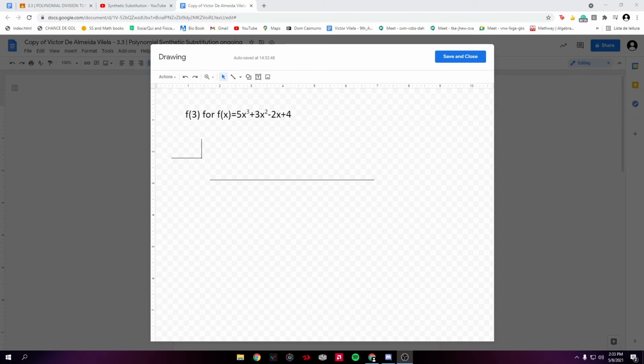Okay, so now synthetic substitution. We have, for example, an f of a and an x minus a. This is the formula. If you have the f of a, you can switch it to the number that is the a in the other equation as well. So x minus a and f of a, the a is going to be the same. Once you do the synthetic substitution, your remainder will be the same as if you substitute the a into the whole equation.